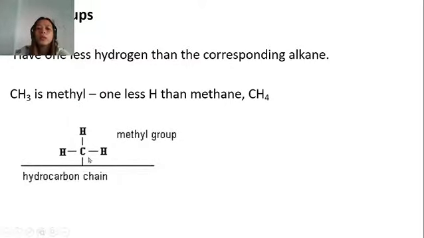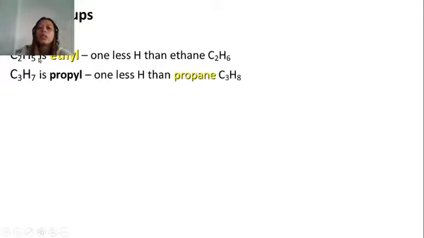So, kita na to, no? Ang iyang nga bond, may hydrocarbon chain sa may methyl group, CH3. C2H5 is ethyl because supposed to be sa ethane natin C2H6. Then for propyl, one less H than propane, which is C3H8.